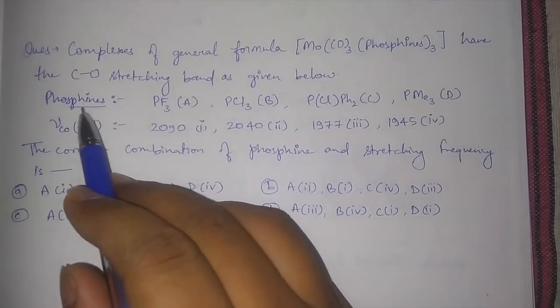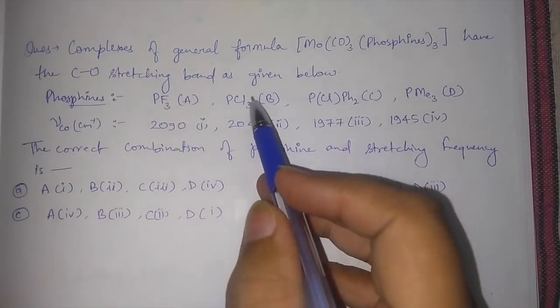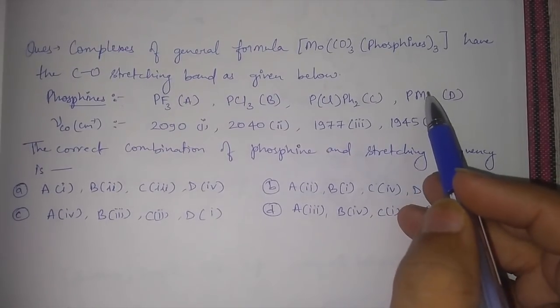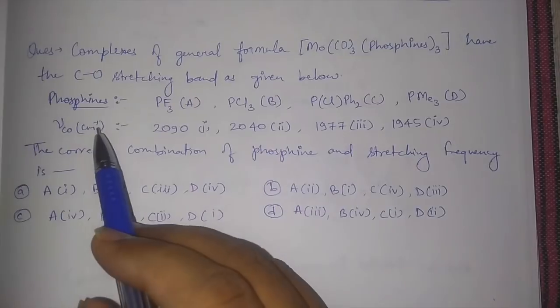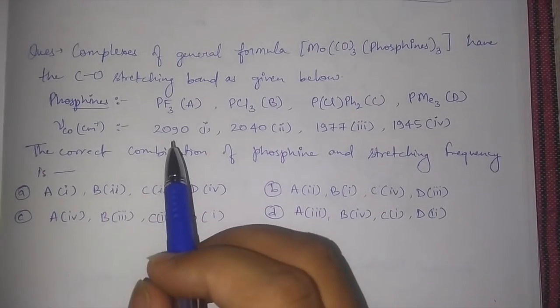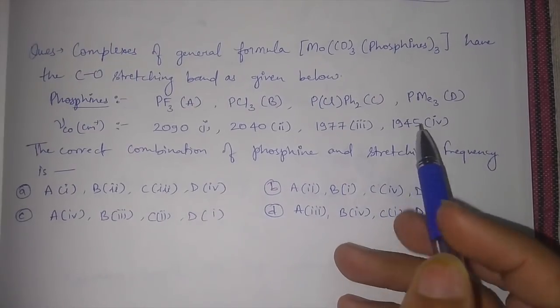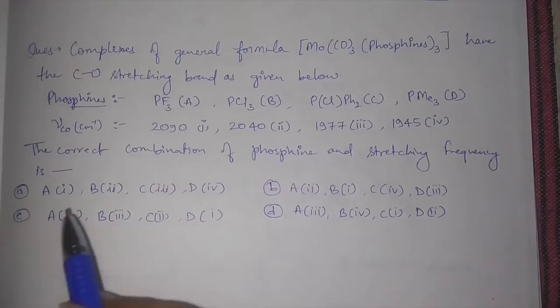You are given different phosphines A, B, C, and D. A is PF3, B is PCl3, then PClPH2, then PMe3. Different values of stretching frequency were also given: 2090, 2040, 1977, and 1945. Now you have to see which combination is correct.